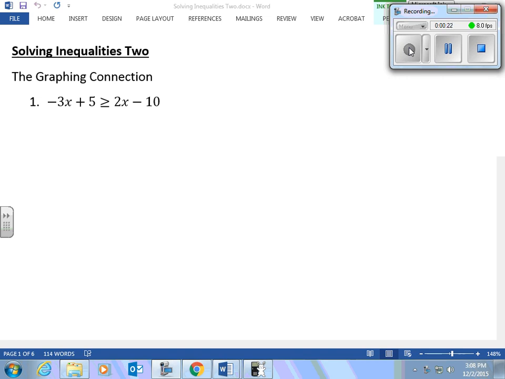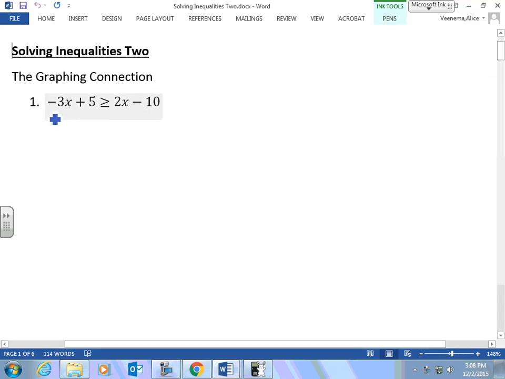If you look at this inequality, negative 3x plus 5 is greater than or equal to 2x minus 10, you can see that this left side of the inequality could be the equation of a function, and same with the right side. So what if we put those into our calculators where y1 is negative 3x plus 5, and our second function we can enter as y2 equals 2x minus 10.